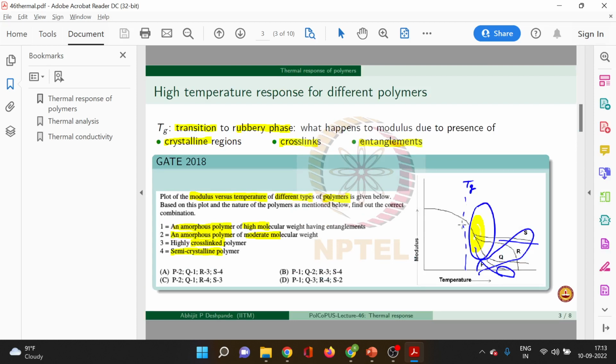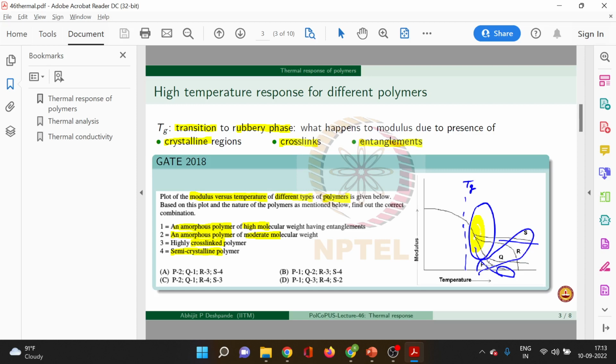See, when you have a lower molecular weight, obviously as temperature increases, in the rubbery region your ability to retain modulus is lower, so the drop in modulus becomes higher when the molecular weight is lower. As you increase the molecular weight, there will be entanglements which resist your segmental mobility.